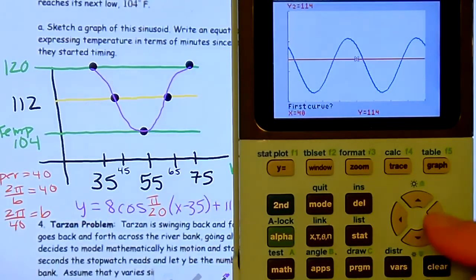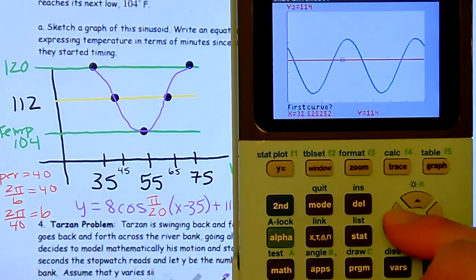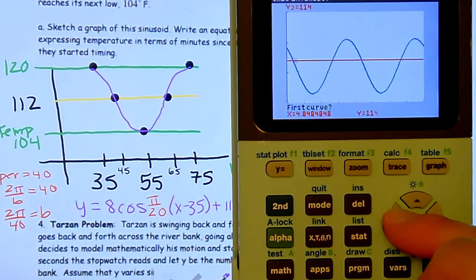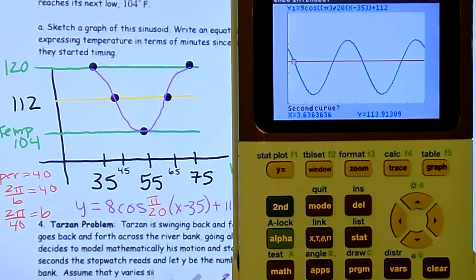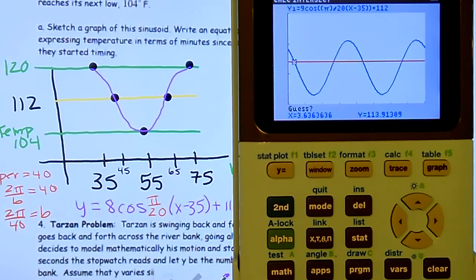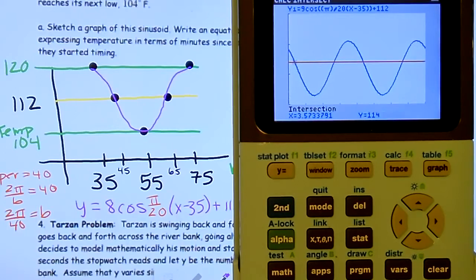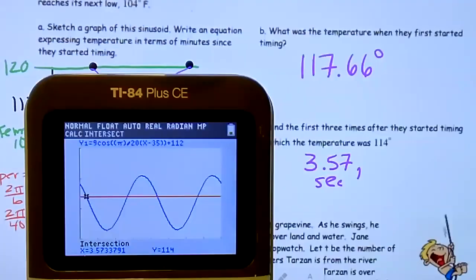So I usually am going to jump to the line. It's a little faster to travel on the line than on the sine or cosine graph. So I want to know where they cross. So I'm going to come here. I'm going to hit enter, second curve, enter, guess, enter. And then it's going to give me 3 point, let's say 5.7. Okay, so let me jot that down.